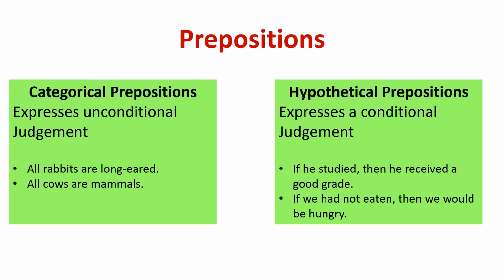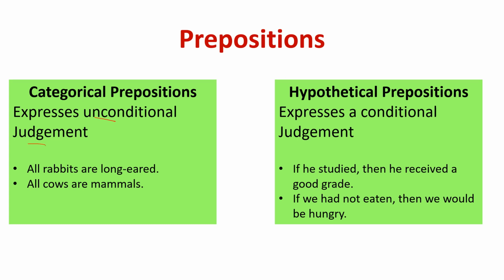Okay, so let's begin with what propositions are. Propositions are statements, students, that could be either true or false. There are various types of propositions. First is categorical propositions and the other is hypothetical propositions. Categorical propositions are those which have unconditional judgment.